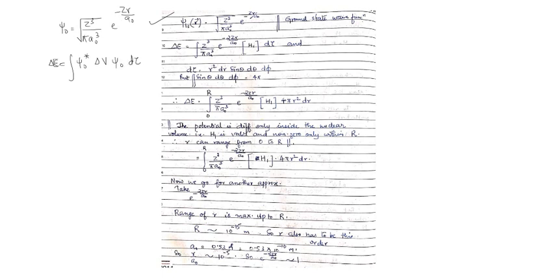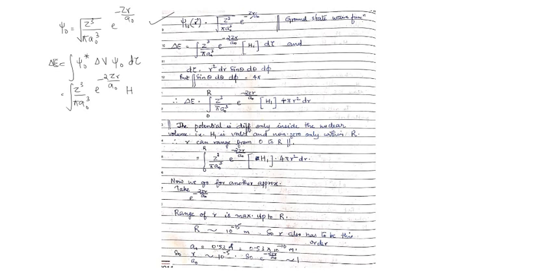So instead of psi naught star and psi naught, I plug in this thing, and my expression would be z cube by pi a0 cube e raised to minus 2 zr by a naught times my change in potential energy.